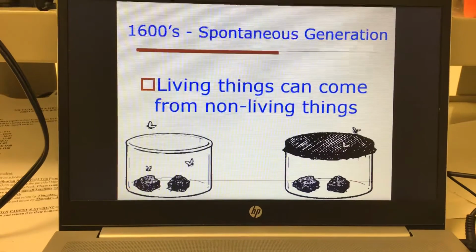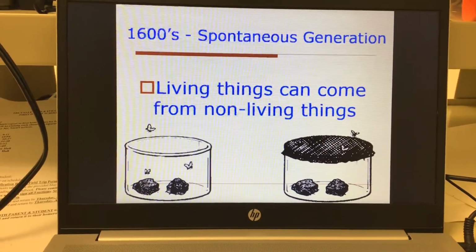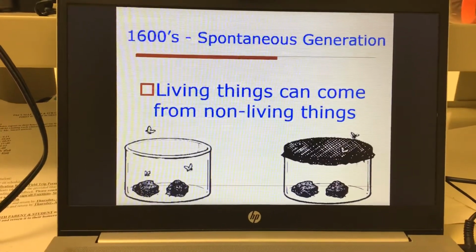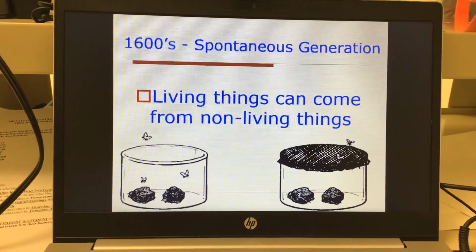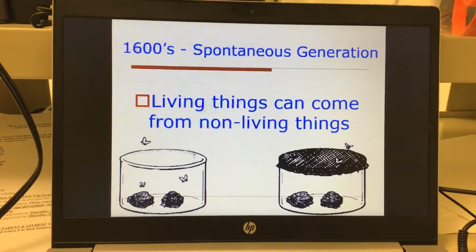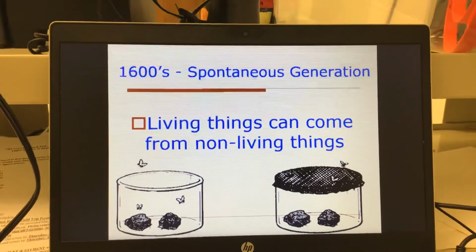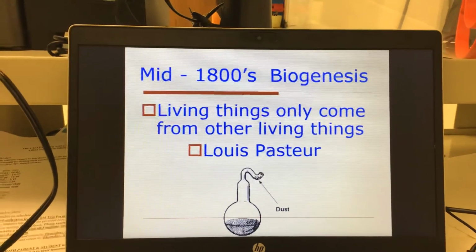After a while he checked them and found that the uncovered one had maggots and flies all over it. The one with the cloth covering had no maggots and flies. So that proved that those were coming from outside, that the broth wasn't giving birth to the animals. That kind of proved the whole biogenesis thing.